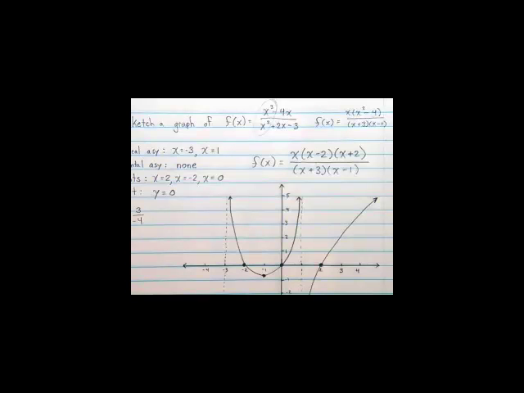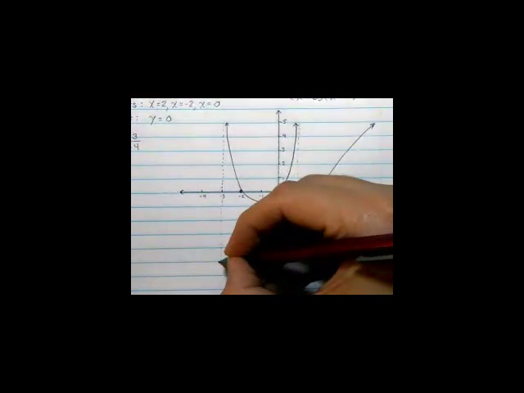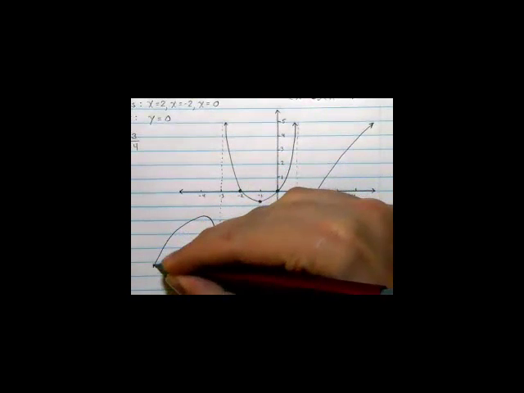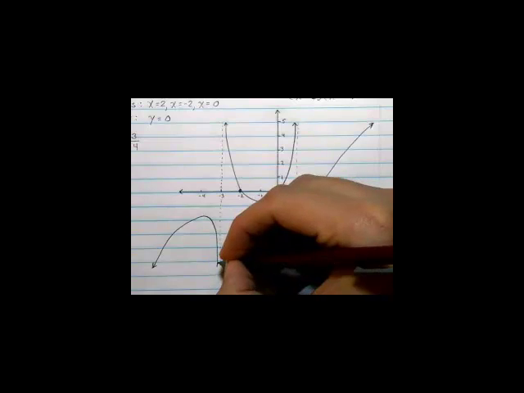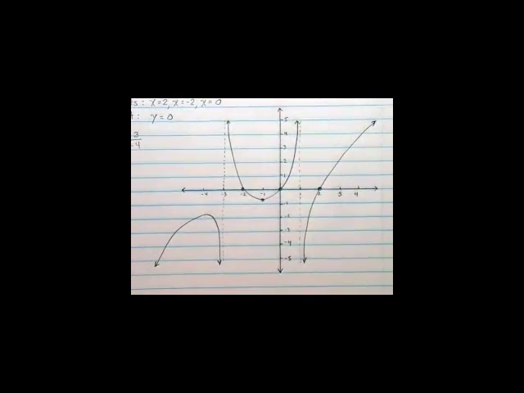So which of those 2 is it going to have to be? Is it caught above or caught below? It's going to have to be that one that's below. So it's going to have a look that is something like this. So it's going to come up, it's going to approach that asymptote, but then it's going to head off and head down towards negative infinity.